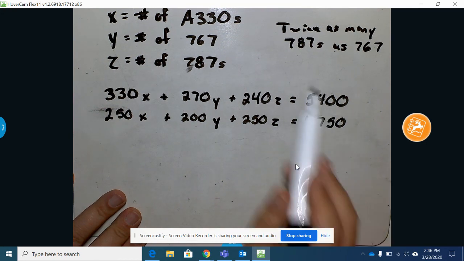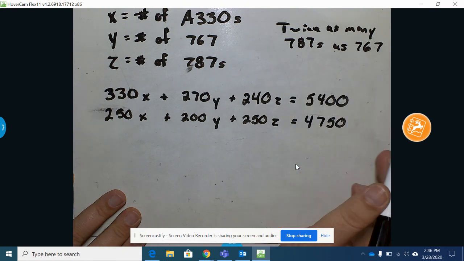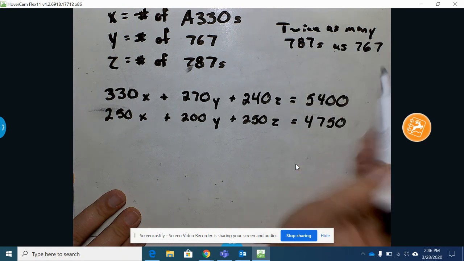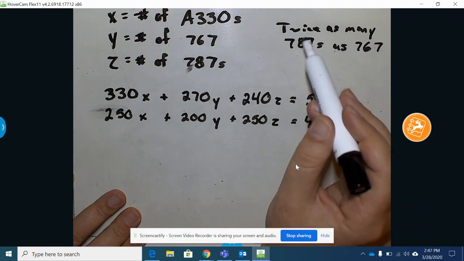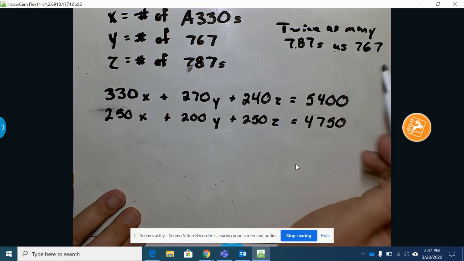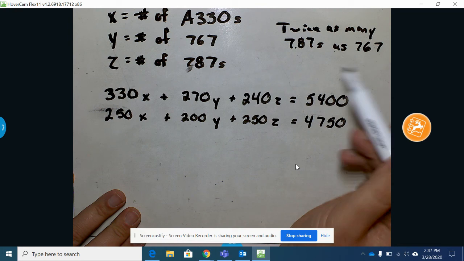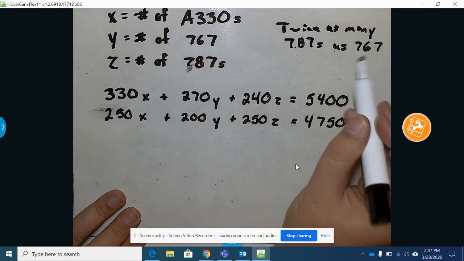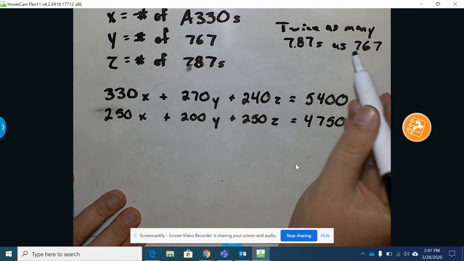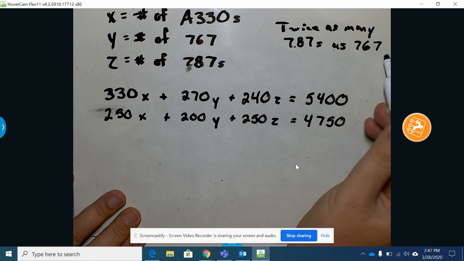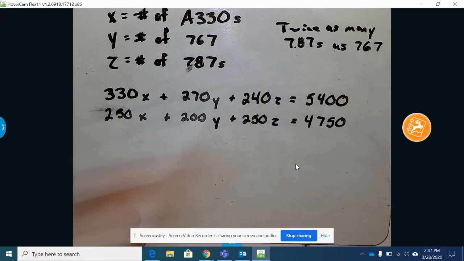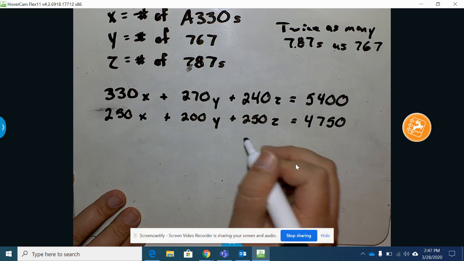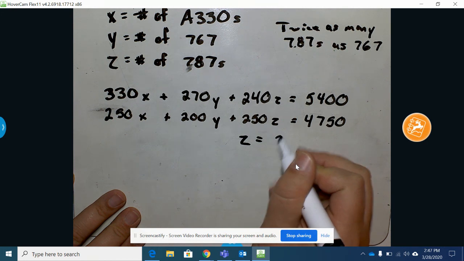Normally, you would look at this and multiply 787s by 2 to give you 767s, but that's incorrect. What we have to look at is this: if we double the number of 767s we had, that would produce twice as many and would be the total of the 787s. So we're actually looking at Z equals 2Y.